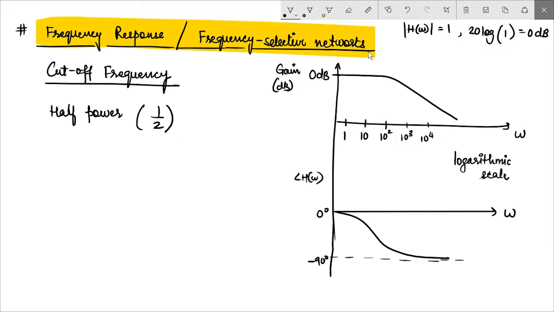If in terms of power the ratio is 1 by 2 and power is square of voltage, this would mean that in terms of voltage, the ratio of output to input voltage should be 1 upon square root 2, because power is square of amplitude.